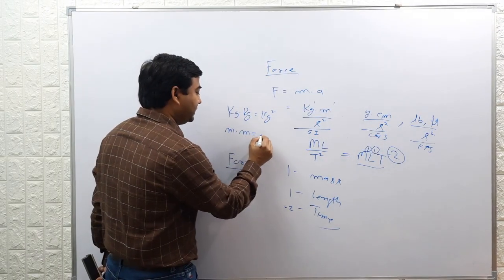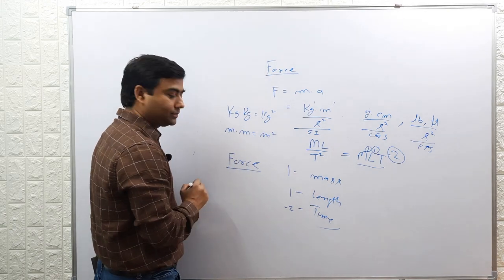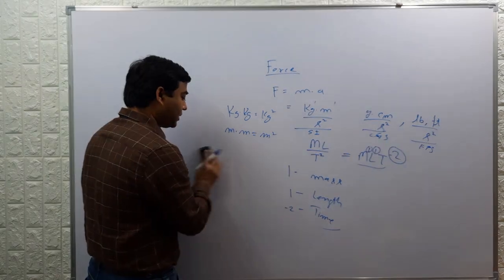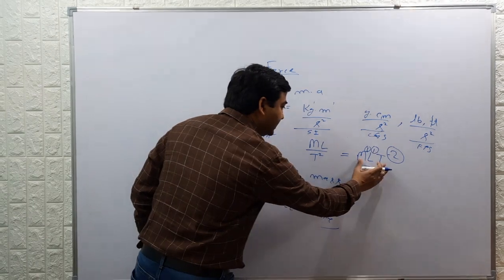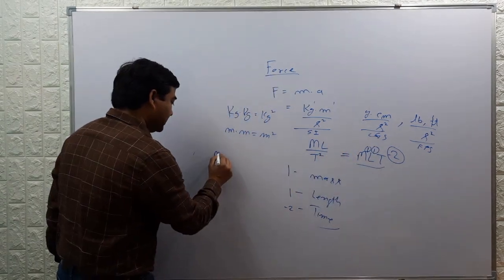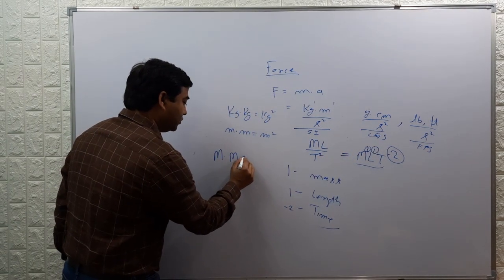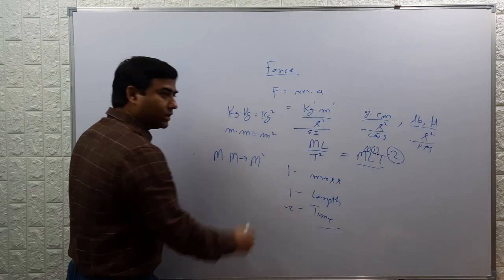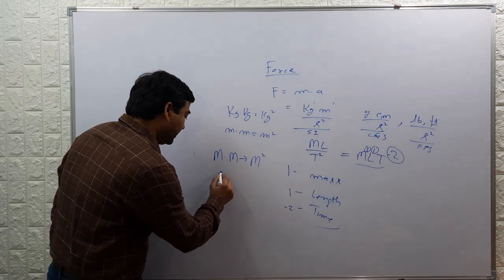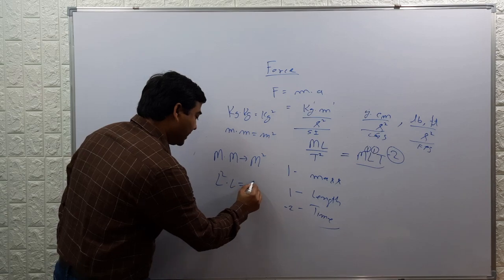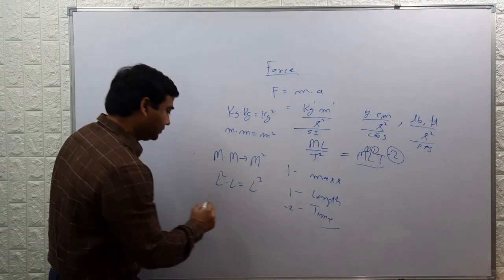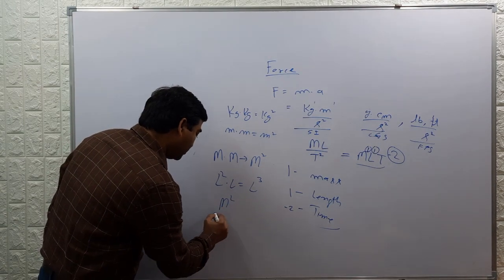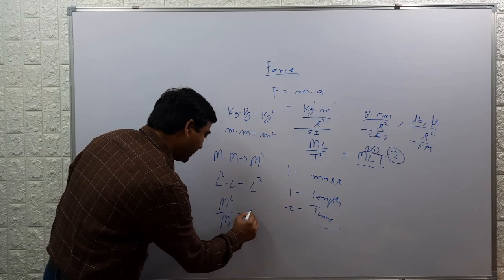Meter into meter, we write it meter square. Similarly, M into M you can write as M square, L square into L you can write as L cube, and M square divided by M you can write as M.